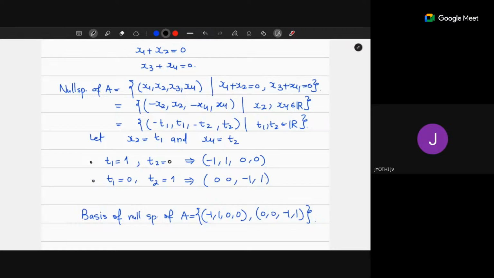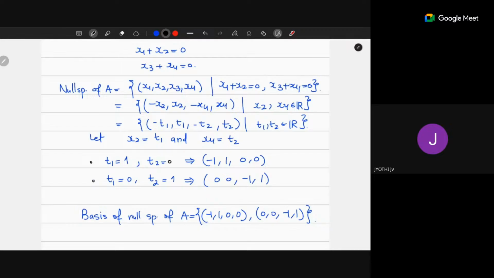Okay, fine. So in order to get the basis, if more variables are there, we can do it like this. For example, if there are, let's say, three independent variables, then you have T1, T2, T3. You will take T1 equal to 1 with the others 0, then T2 equal to 1 with the others 0, and then T3 equal to 1 with the others 0, like that.